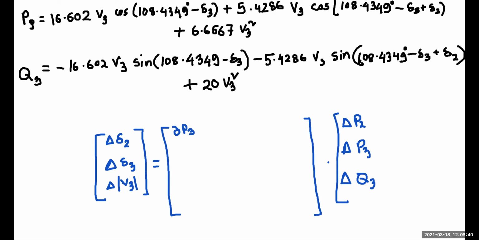P2. Oh, P2, not P3. This line is for P2, del P2. This line is for P3, that means P3. This line is for Q3 because here you have Q3.